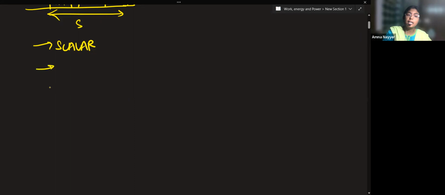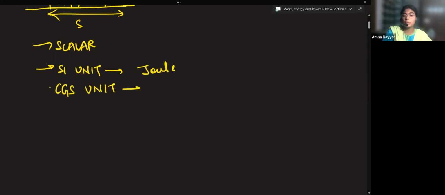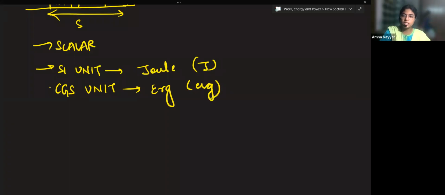And SI unit is important to remember. When we were discussing units and dimensions, I had told you this is joule. And CGS unit also remember, because you have to perform the conversions. It is erg. So this is the SI unit joule and this is the CGS unit erg. Now how to convert it? 1 joule is equal to 10 to the power 7 erg.